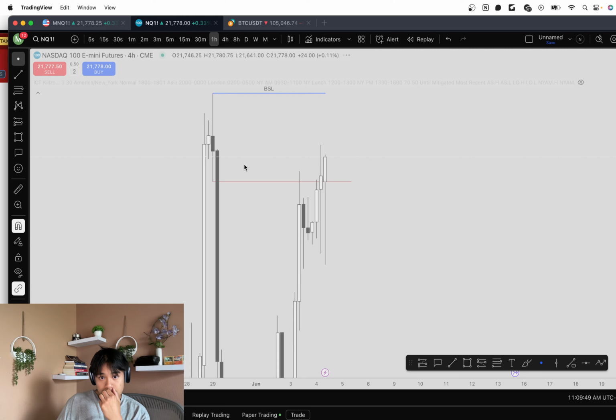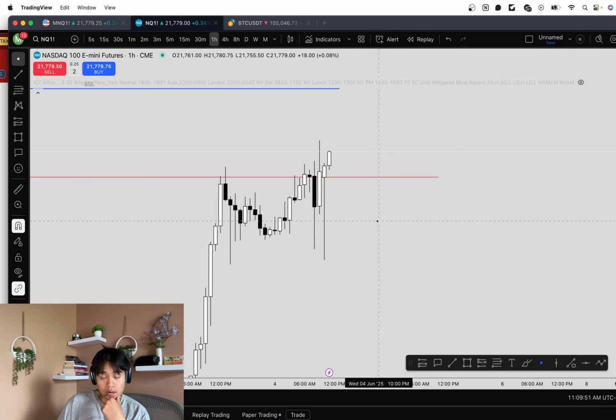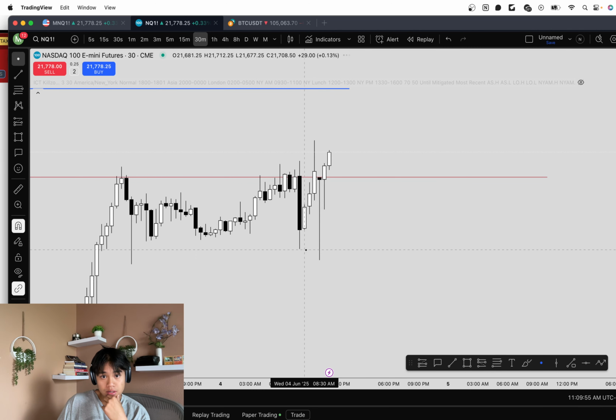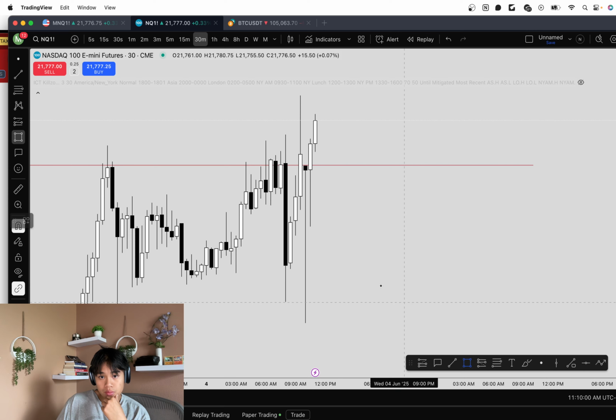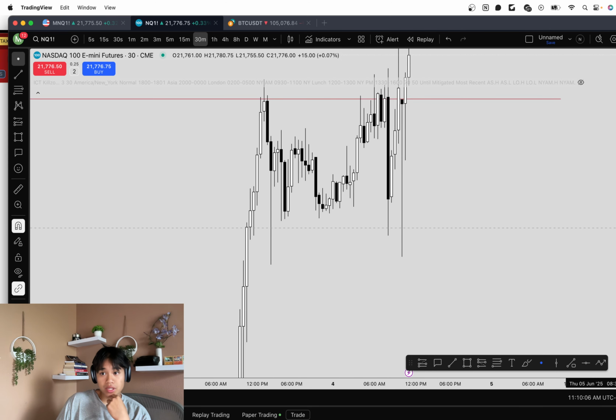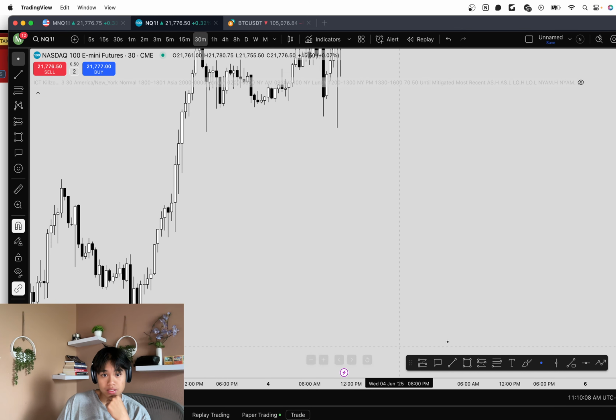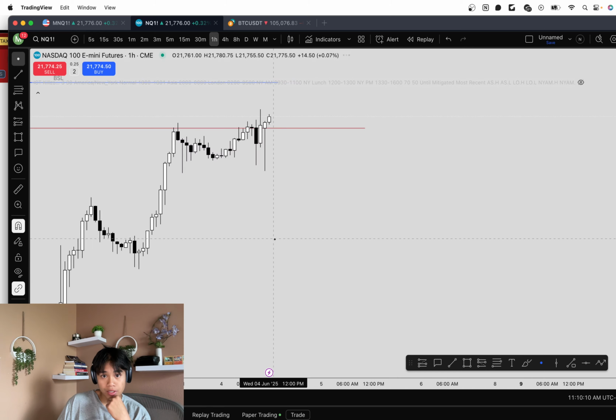But at the same time, on the 1 hour, or maybe it was the 30, yeah, we had this 30-minute gap right here, which at open we kind of blasted through. So I was already leaning more bullish because I was like, okay, this is probably going to inverse. The only issue was that we never rebalanced to 50% of the hourly range.